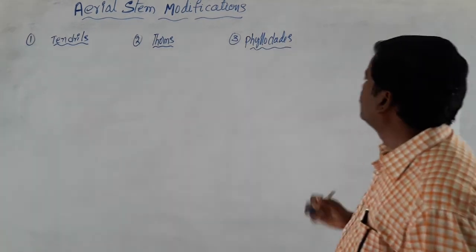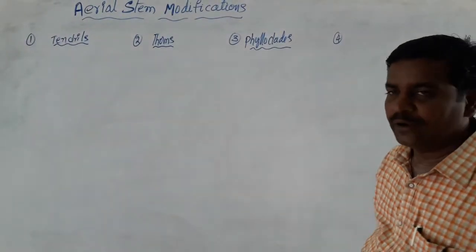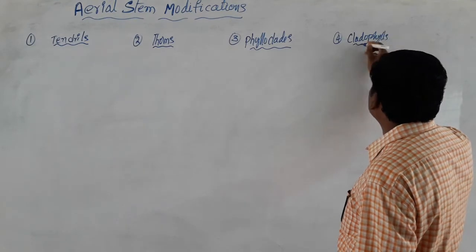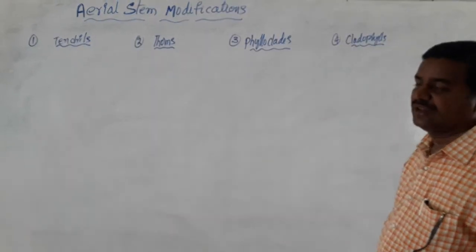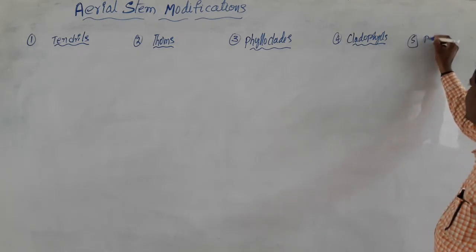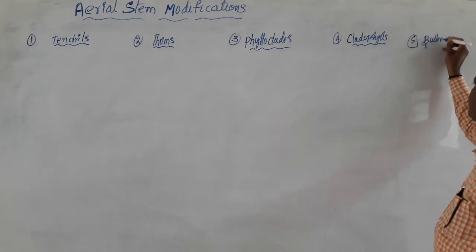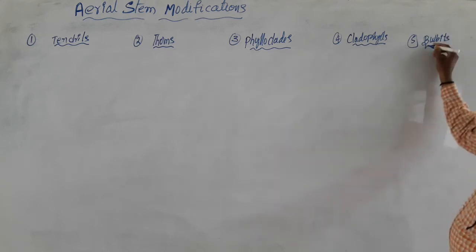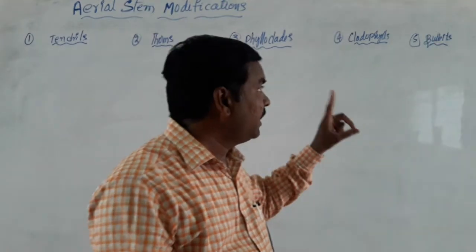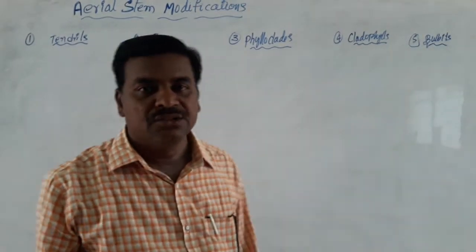And fourth aerial stem modification, this is cladophylls, also called cladodes. In the last aerial stem modification, this is bulbils. Bulb is an underground stem modification, but bulbil is an aerial stem modification.